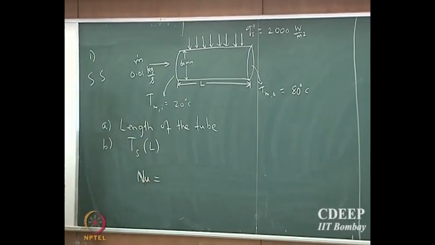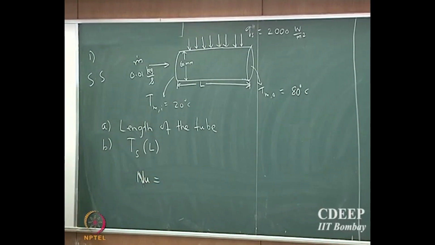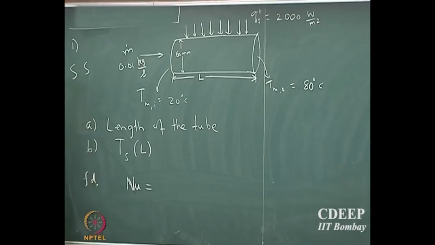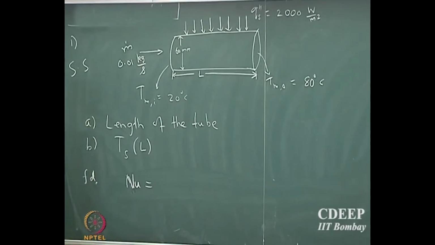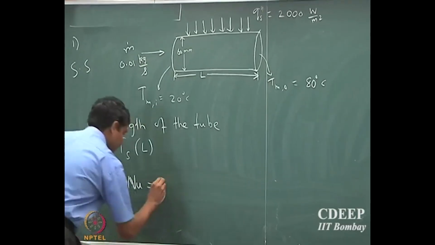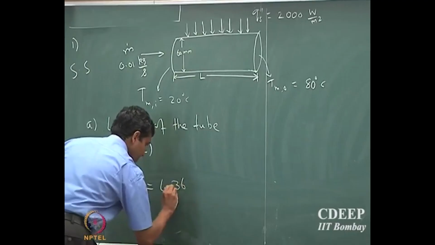What's the Nusselt number for the constant flux case? Now if I assume that it's fully developed, what's the Nusselt number? It's a constant, right? It's 4.36.